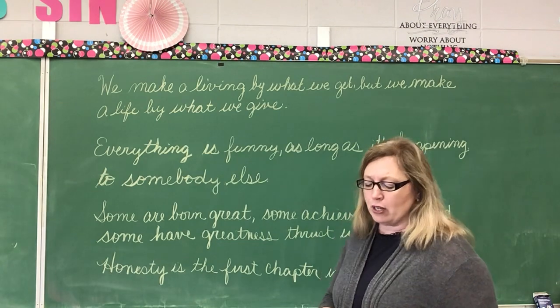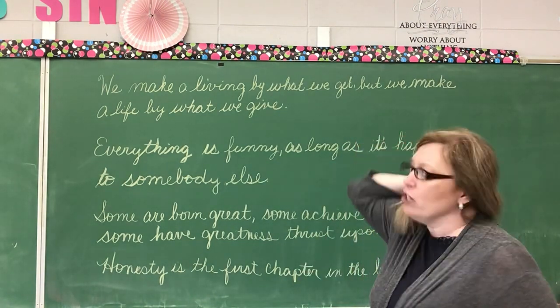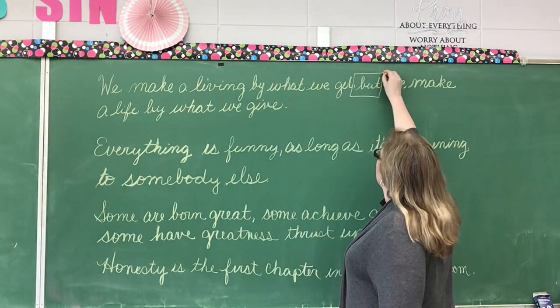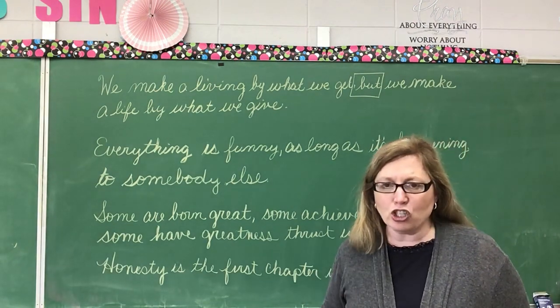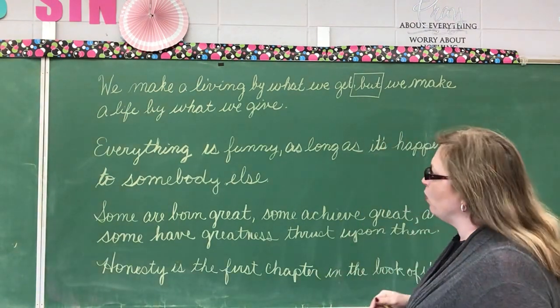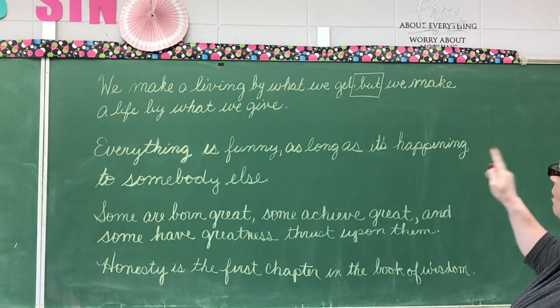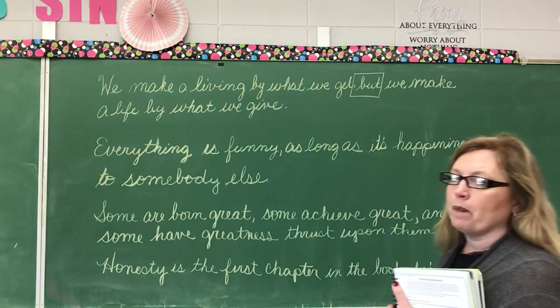All right, so let's look at this. First, we're going to say, is there a conjunction? And in this case, there is: but and a comma. Now we say, is there a subordinating conjunction or a relative pronoun? We make a living by what we get. We make a life by what we give. Okay, in that, what do you see?